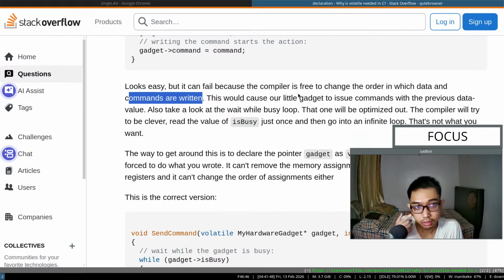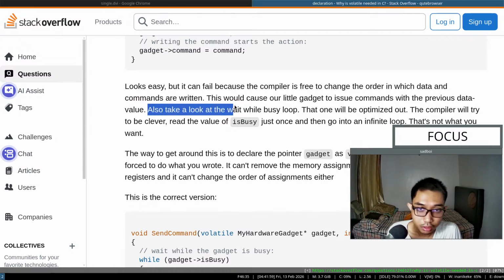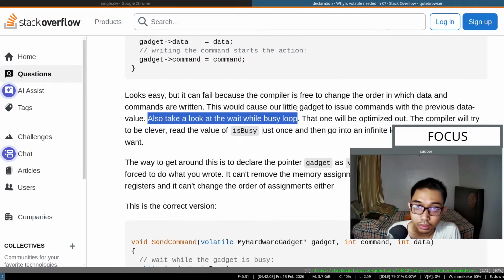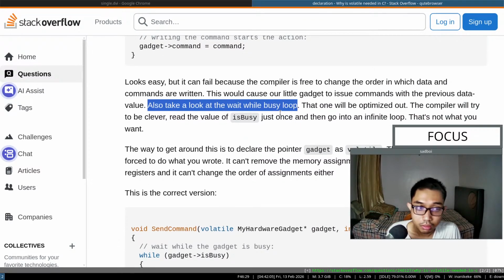Alright, now to issue comment with the previous data value. Also take a look at the width while passing, be optimized out.